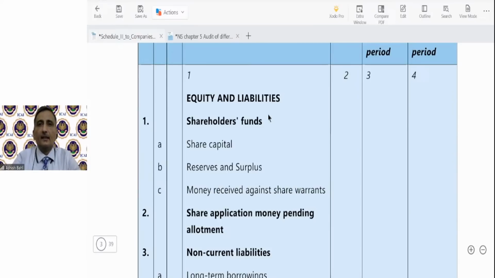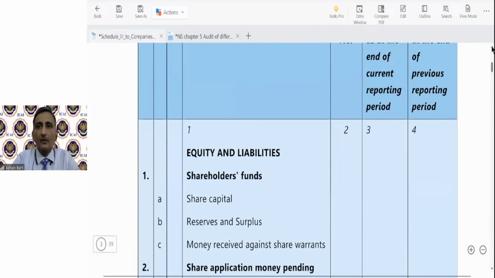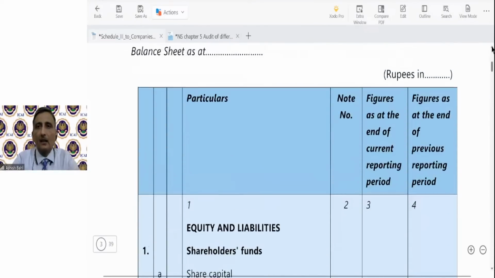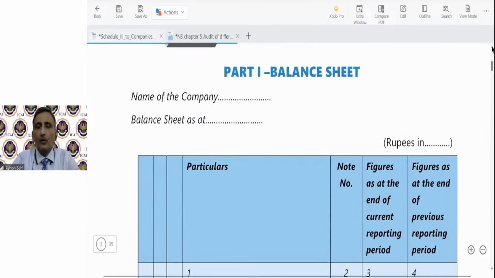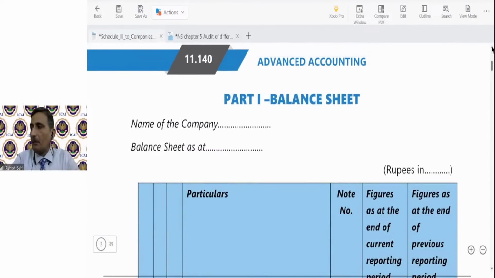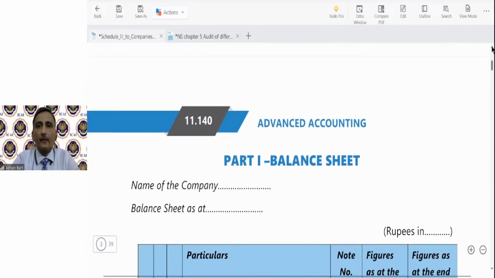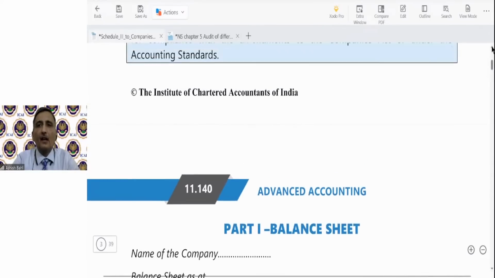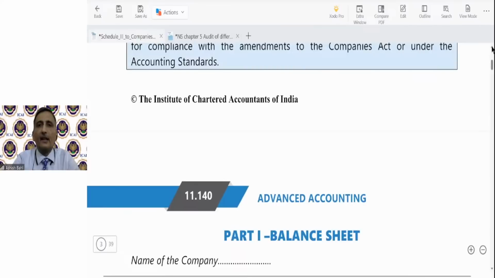So students, as I have told you at the beginning, it is better that you start going through Schedule 3 of the Companies Act Part 1 from today itself, and you try to finish it off in 2-3 days.